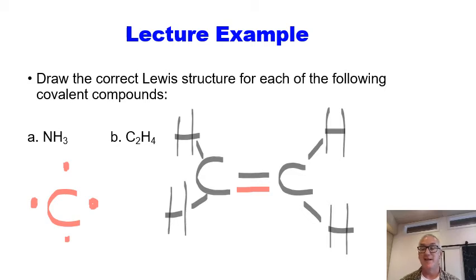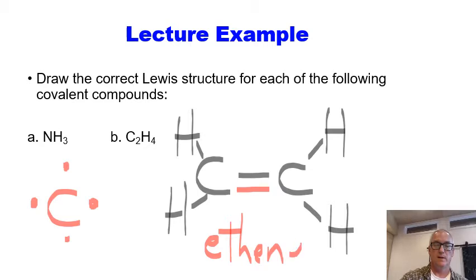So it's making a double bond between the 2 carbons. We'll learn that this is called ethene. It's called an ene when you have a double bond, an ane when you have no double bonds, and an ine when you have a triple bond. We'll get to that a little bit later.